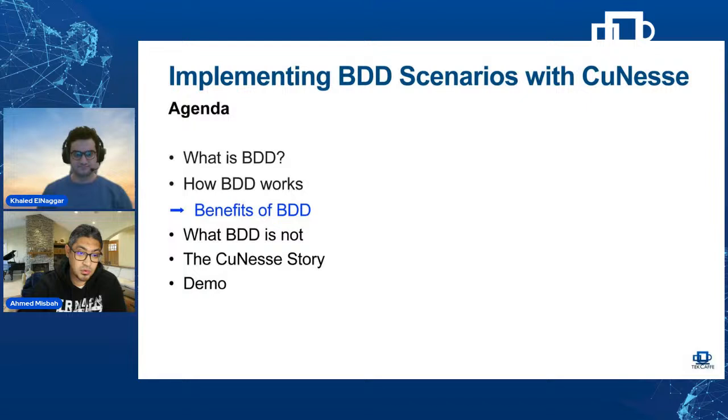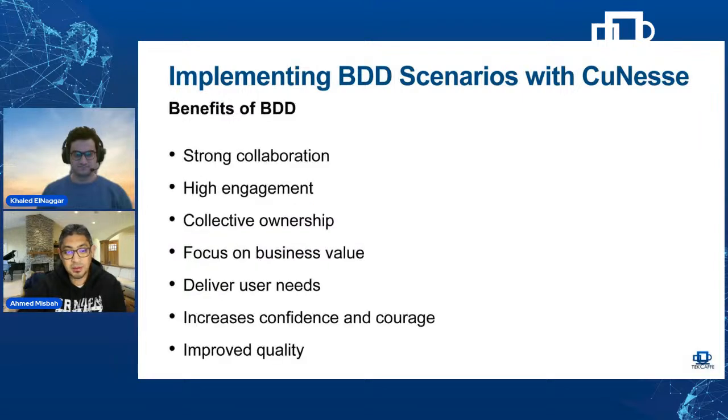Now that we have described what BDD is and talked a little about how the BDD process works, let's talk about the benefits of BDD. We've said BDD is about collaboration. So obviously you get strong collaboration when you are working with BDD.